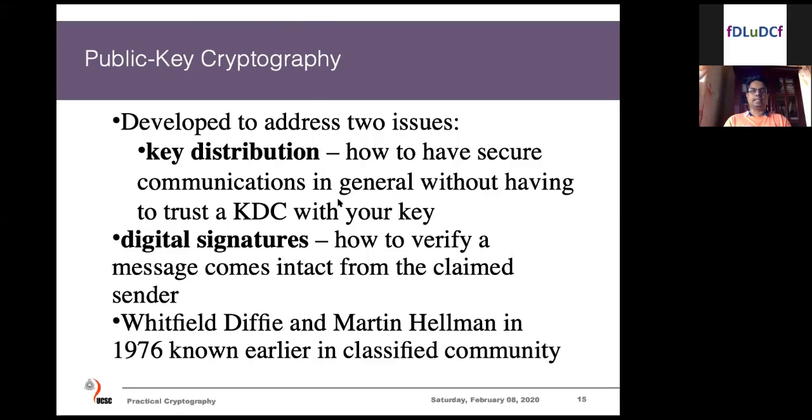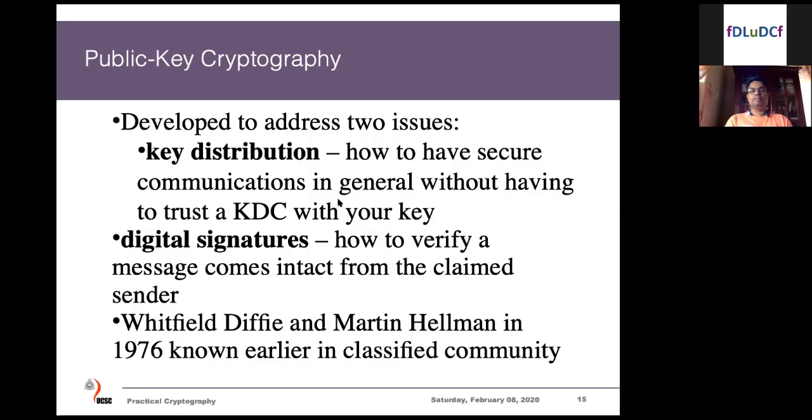Public key encryption was mainly developed to address the key distribution issue, but it can be used to address other issues as well. For example, we can use public key cryptography to solve the authentication issue as well.